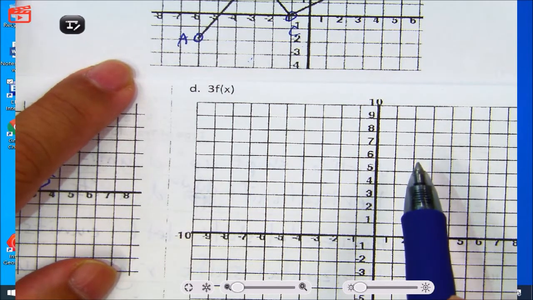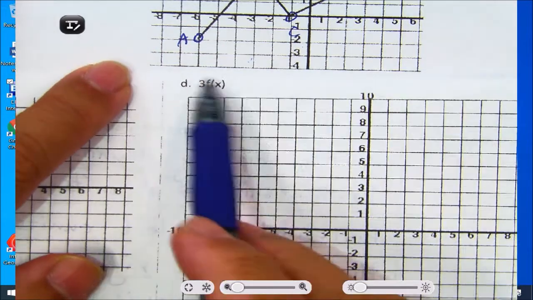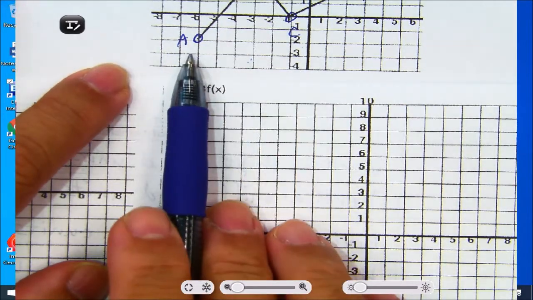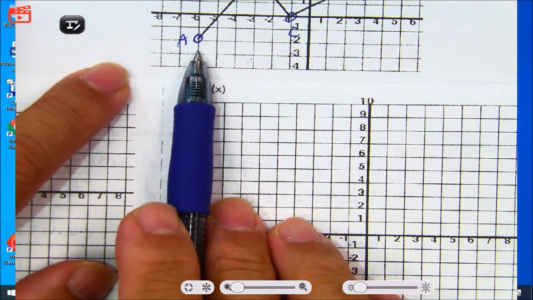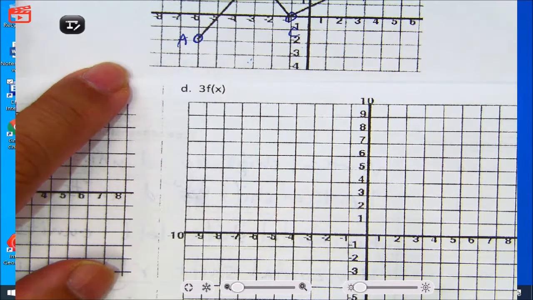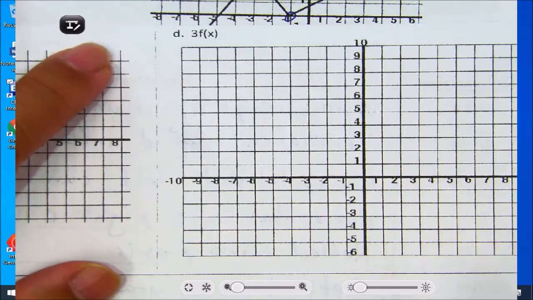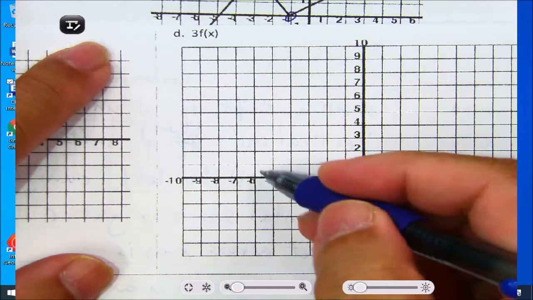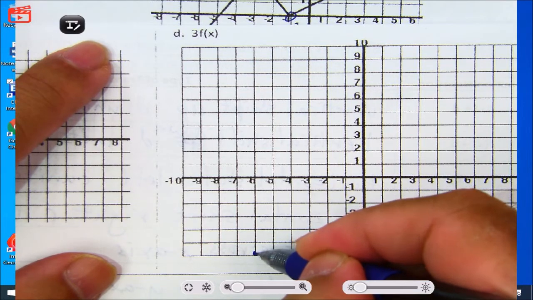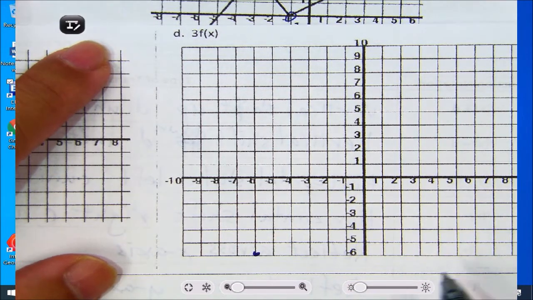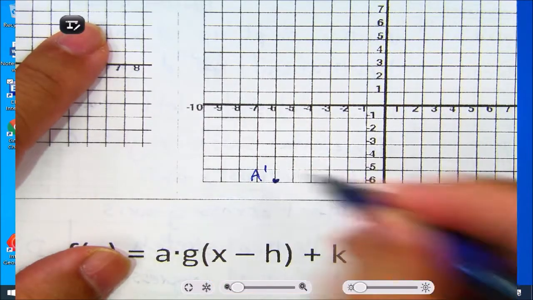So here, A is at negative 6, negative 2. You're going to take the negative 2 and multiply by 3. So that becomes negative 6, negative 6. Multiply the y value. So the negative 6, negative 6 is way down here. So A prime is way down there.